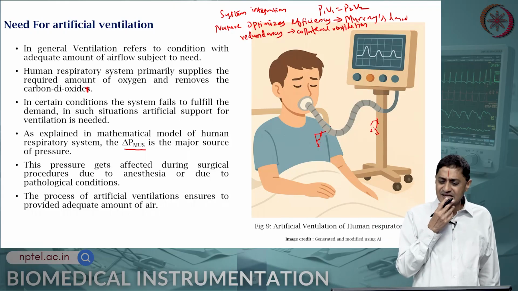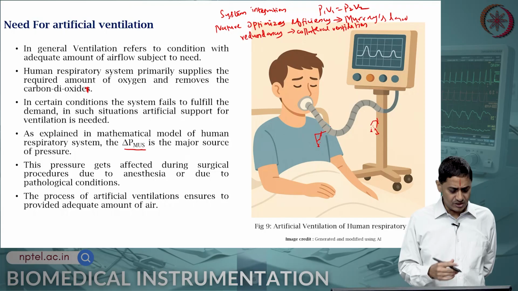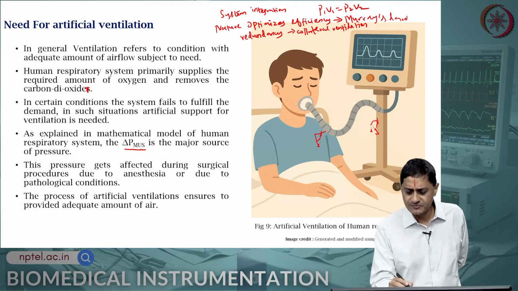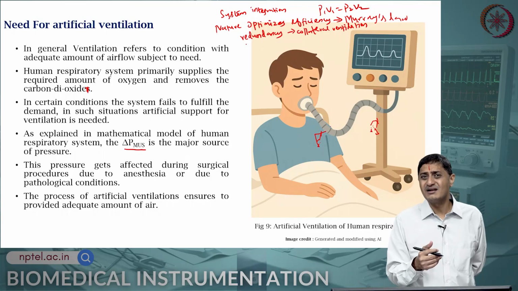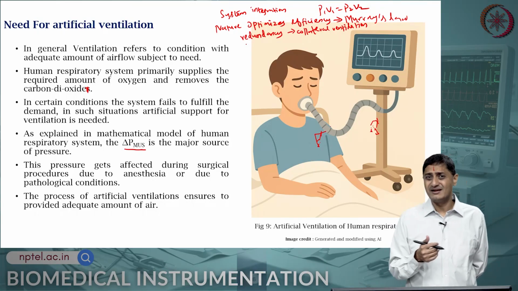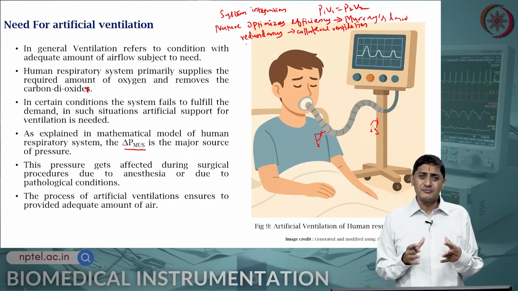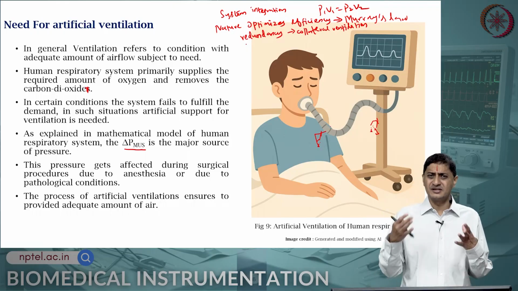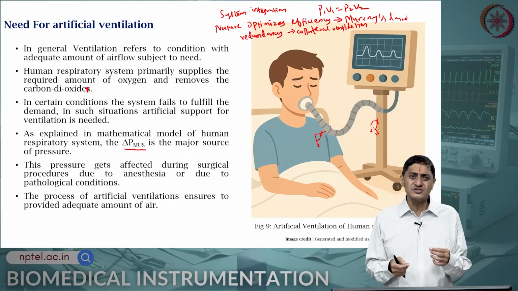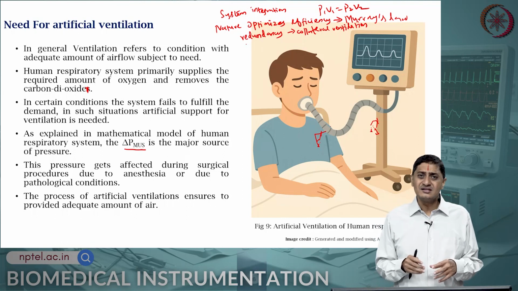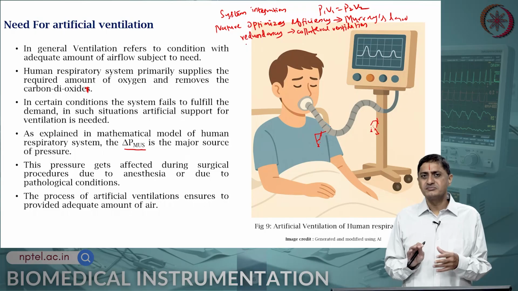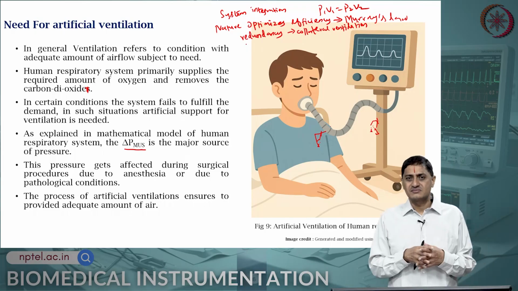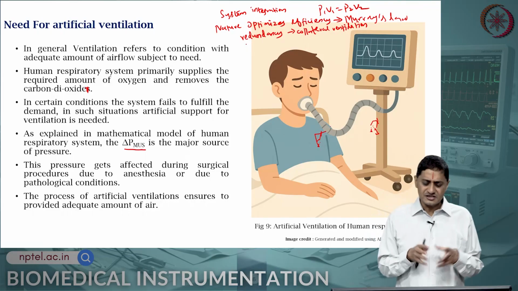And critically there are engineering challenges, right? Your artificial ventilation must still respect the physiological processes and the gas exchange principles. It is not like your artificial ventilator is simply pumping in gas. It is much more than that. It has to still respect the physiological principles and conform to the integrity of the overall respiratory system.